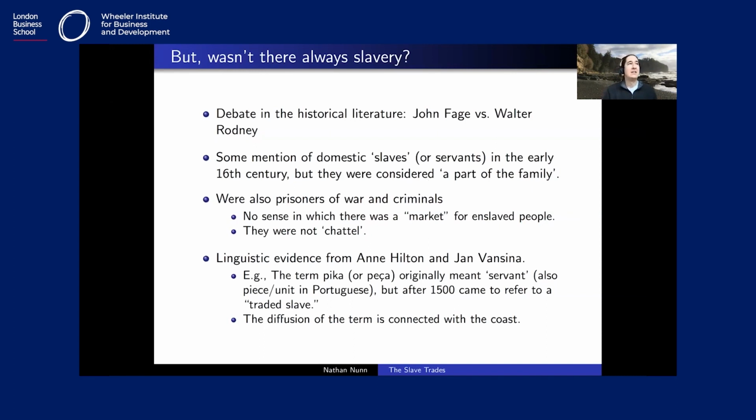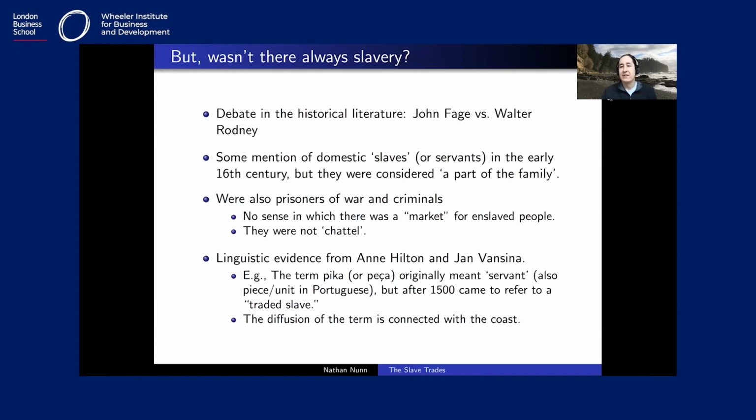For example, if they didn't have enough to eat, or for other reasons they were absorbed into the lineage of one family, in no sense could those individuals be bought and sold. There was no market for enslaved individuals, and the children of those individuals were not chattel that could then be bought and sold. So it's very different from the situation after the slave trades began.